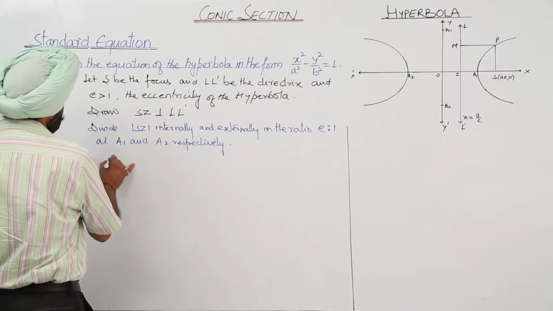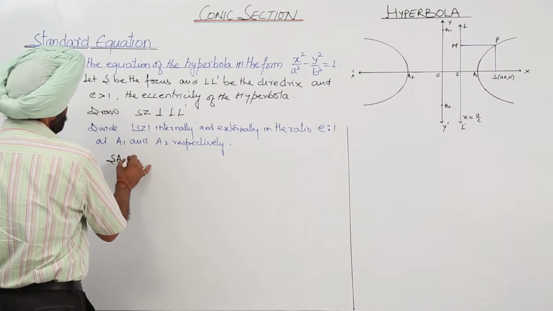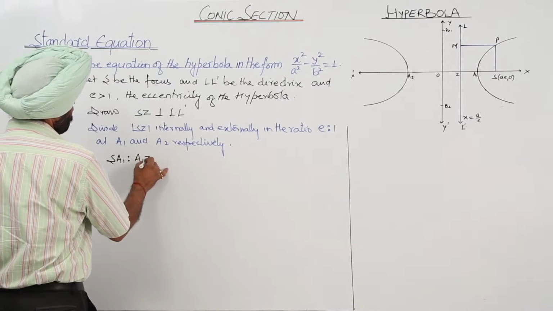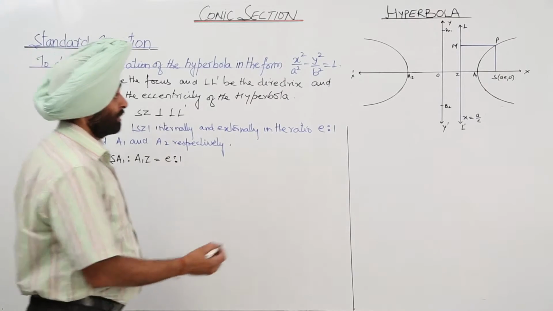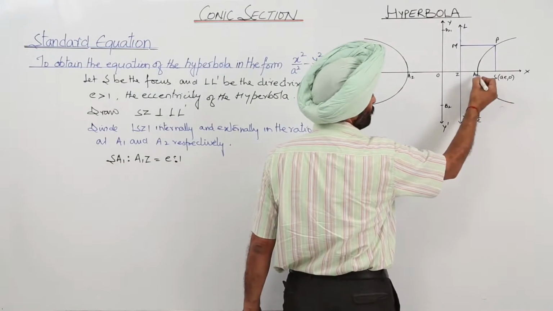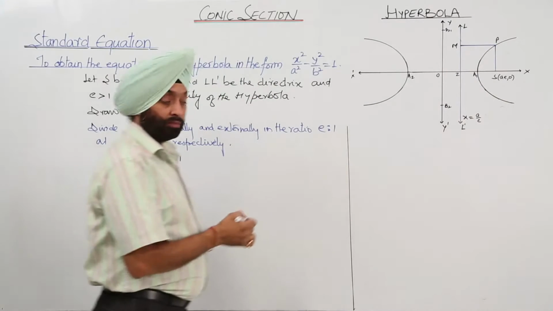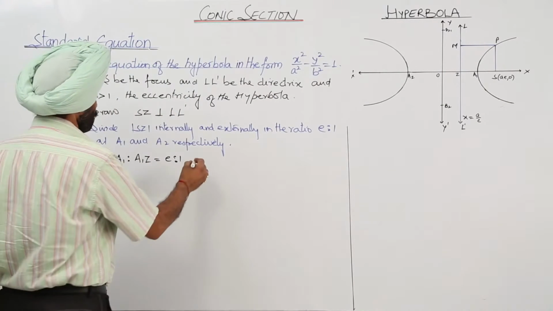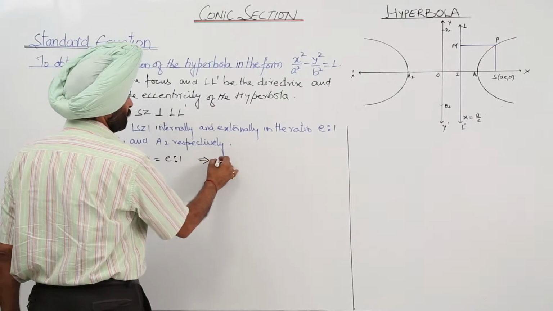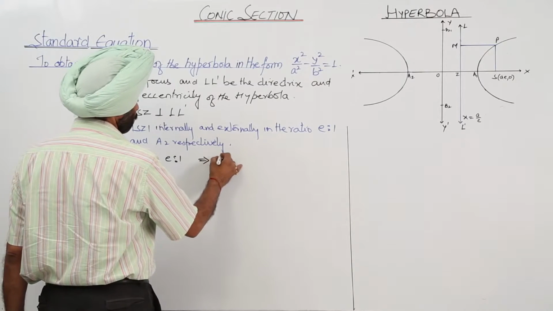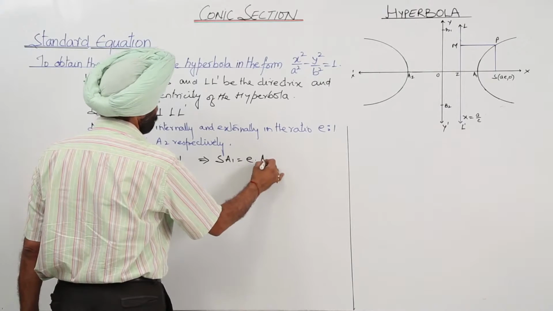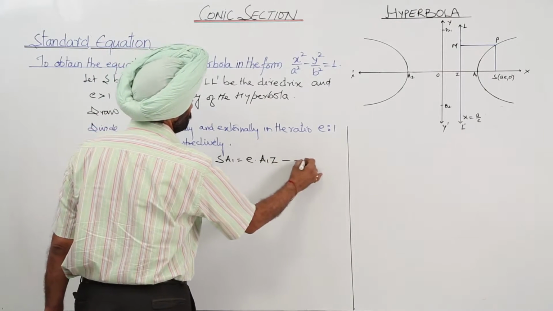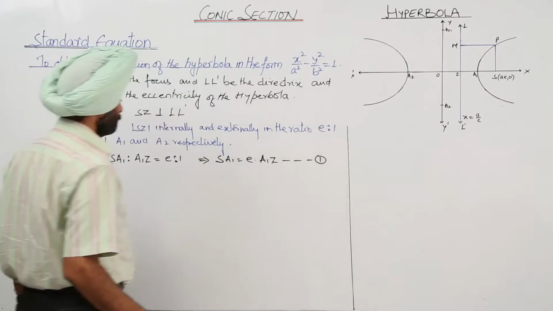Now SA1 ratio A1Z is equal to e ratio 1. So from here we are getting SA1 is equal to e times A1Z, equation 1.